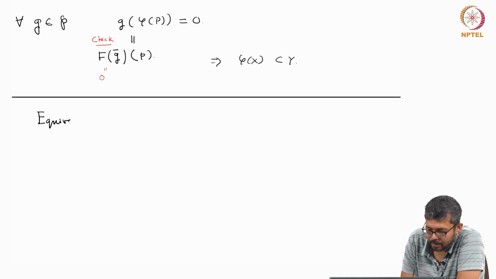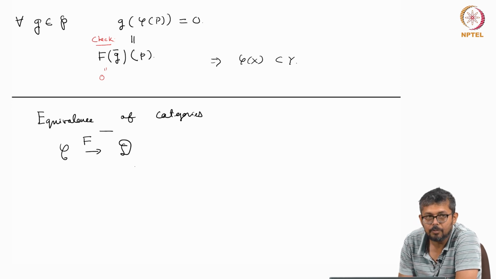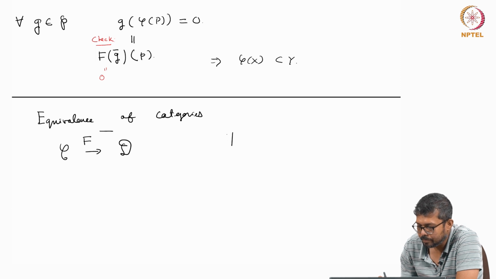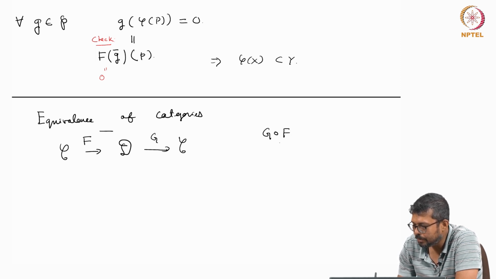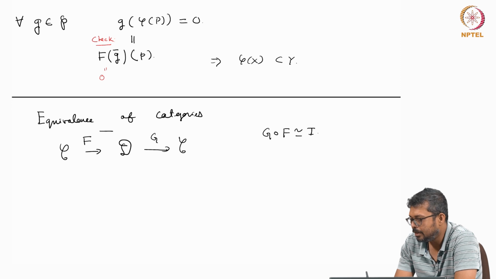I will not give the exact definition, but if you have two categories C and D, you say they are equivalent if there is a functor F which takes objects to objects and Hom sets, and another functor G, such that G composed with F is not exactly the identity, but there is a natural isomorphism with the identity functor.